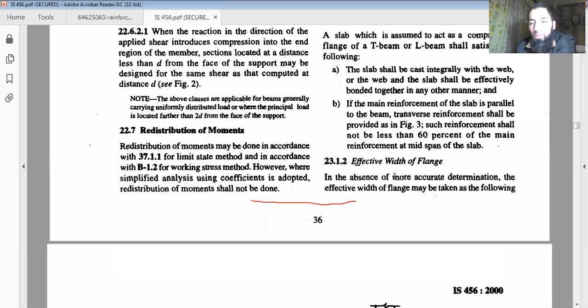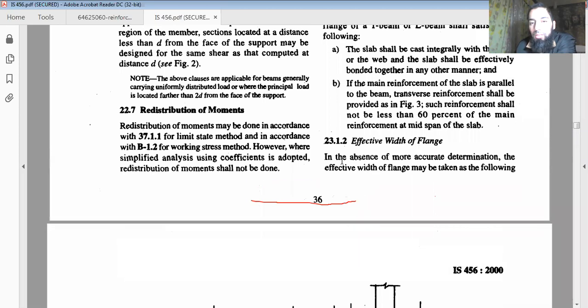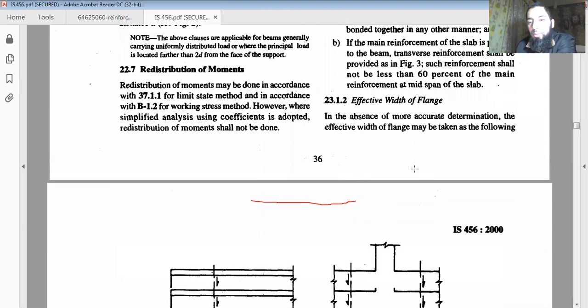Then effective width of the flange, which I was talking about: in the absence of more accurate determination, the effective width of the flange may be taken as follows.